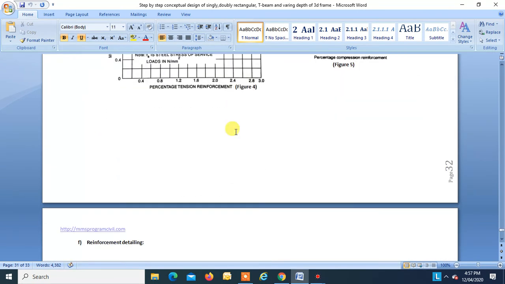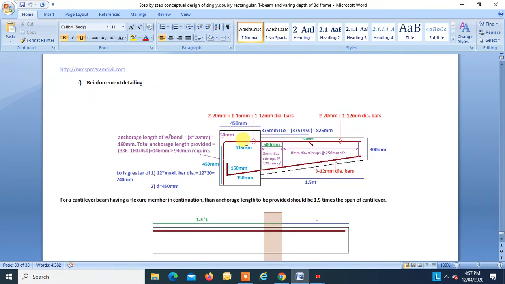So let us see in this figure. The largest diameter is 20 mm, right? So for 20 mm the anchored length required is 940 mm, okay. Just we saw, there is a 90-degree bend over here, right? So the effective anchorage length of this 90-degree bend can be found by the formula 8 into diameter of the bar.